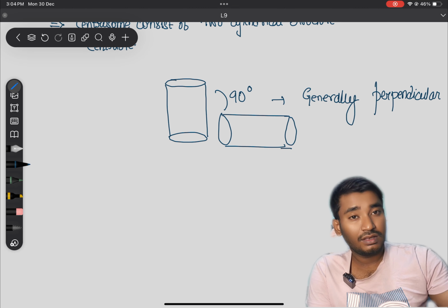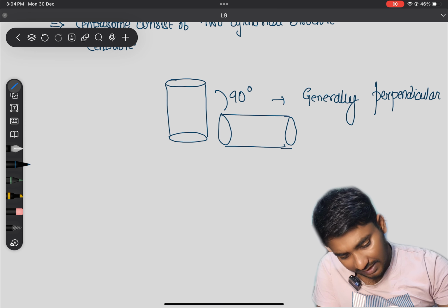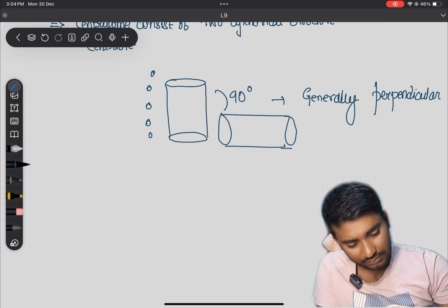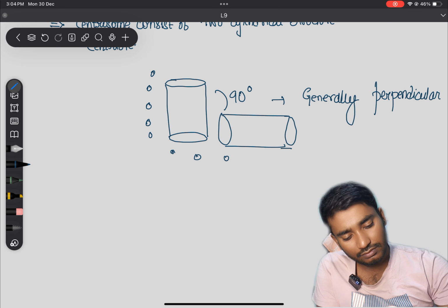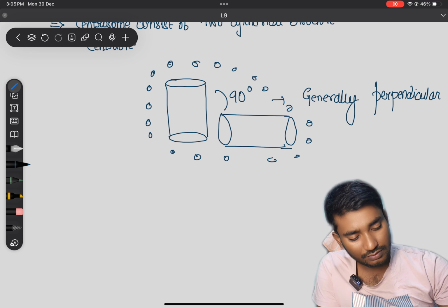Okay, generally it is perpendicular. Now these are the proteinaceous regions that are being surrounded.